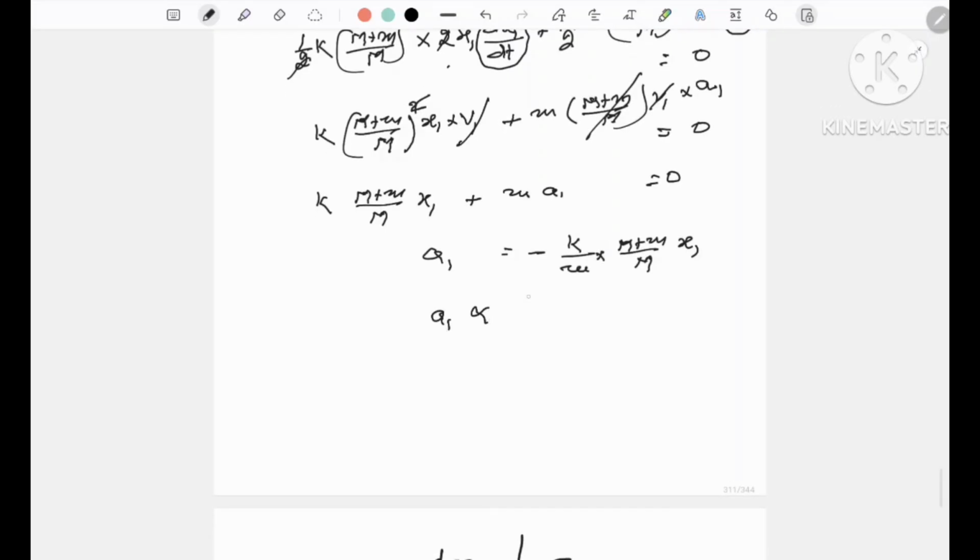A1 is directly proportional to minus x1, hence the motion is SHM.